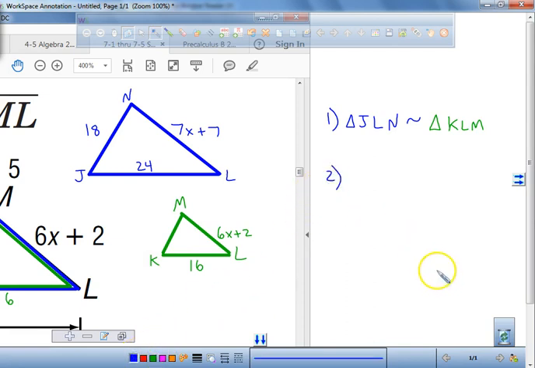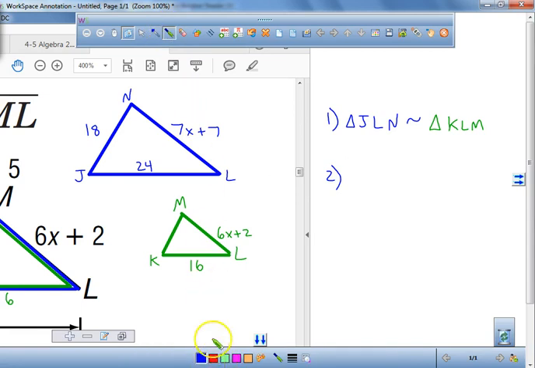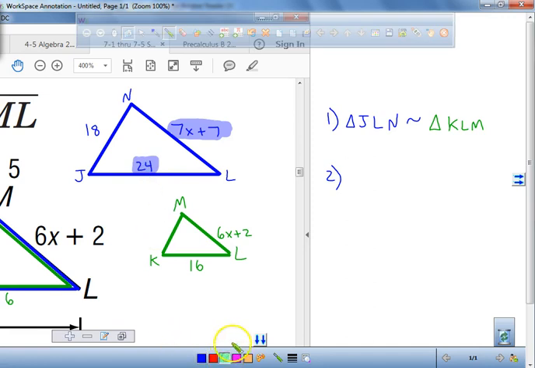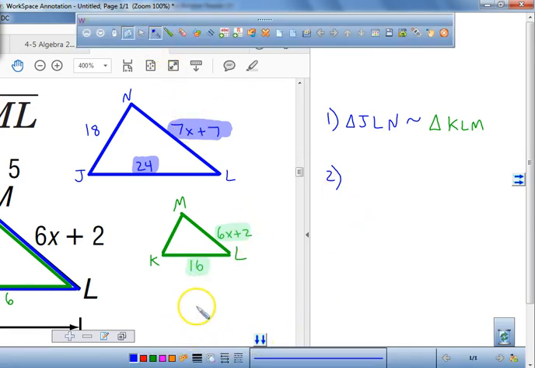So I'm going to show you what I'd like you to compare. We are going to compare this right here over this to this side over this side. So I'm going to go ahead and write it down right here, 7x plus 7 over 24.